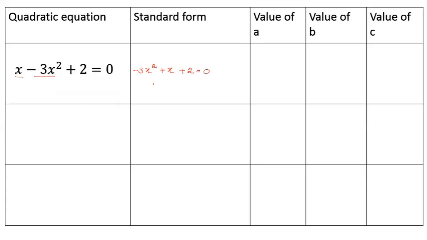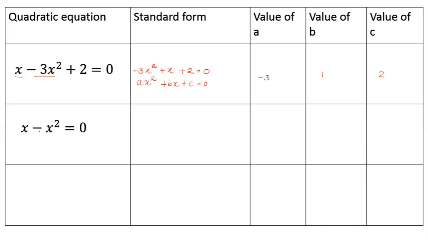Now compare this equation with the general form, that is ax square plus bx plus c is equal to 0. Now write the value of a in the given equation. The value of a is minus 3. The value of b, that is the coefficient of x, is 1. The value of c, that is the constant term, is 2.